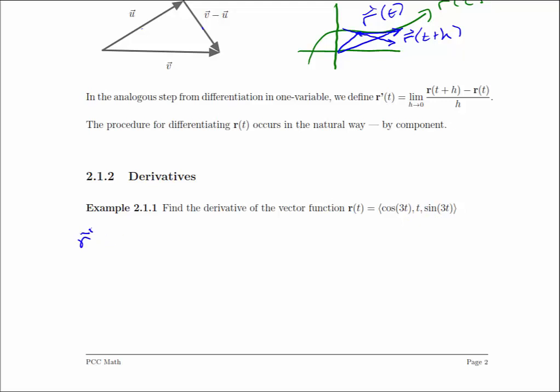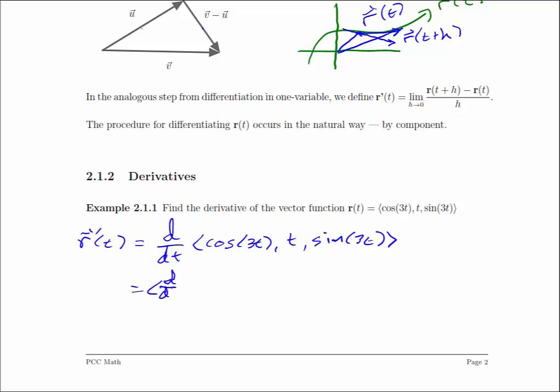So r prime of t equals the derivative with respect to time of our vector-valued function, and to do that we simply take the derivative of each of the components individually. So let me write this out here.